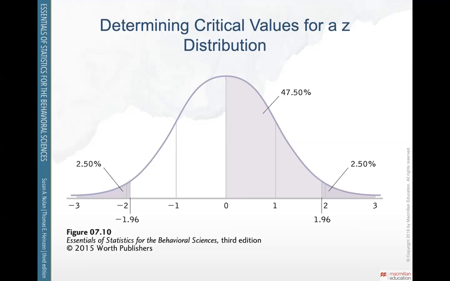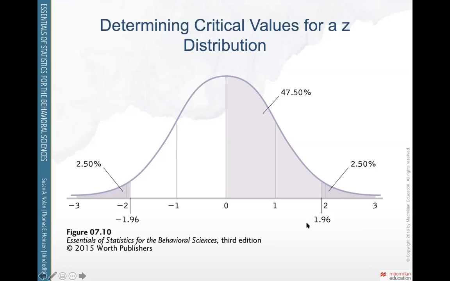The z-score of negative 1.96 marks the point in the distribution where 2.5% of the area lies to the left of that z-score, and 2.5% of the area lies to the right of positive 1.96.